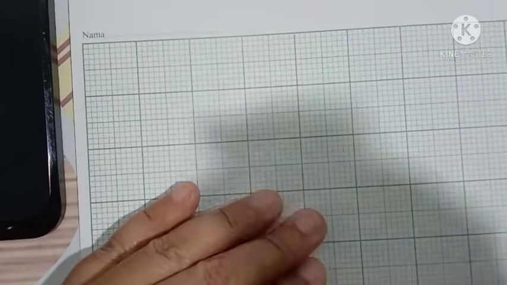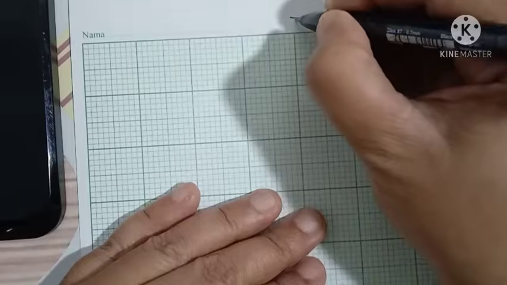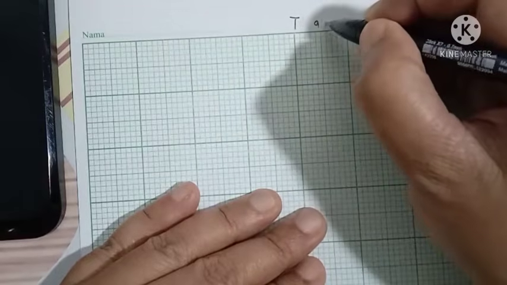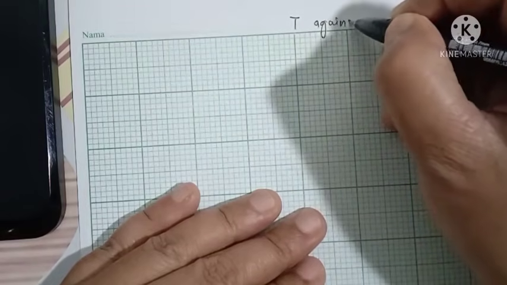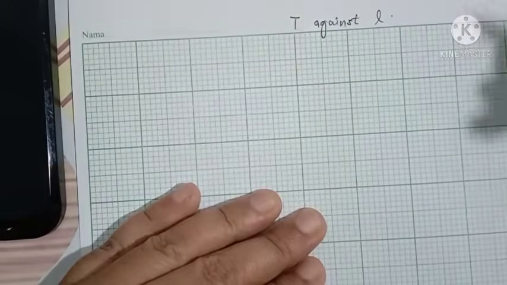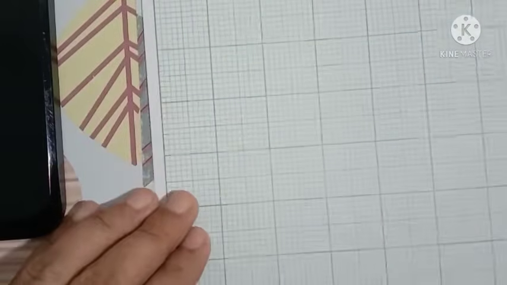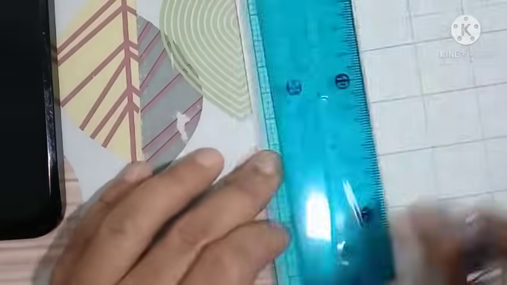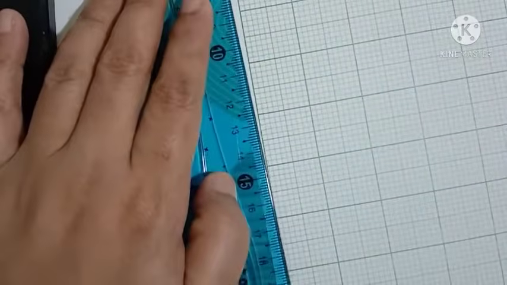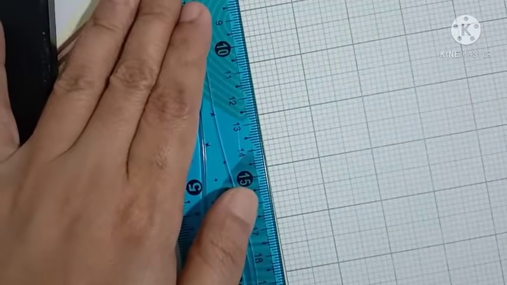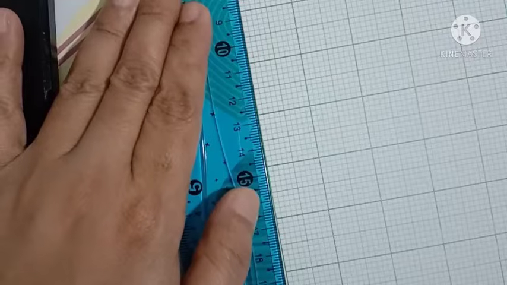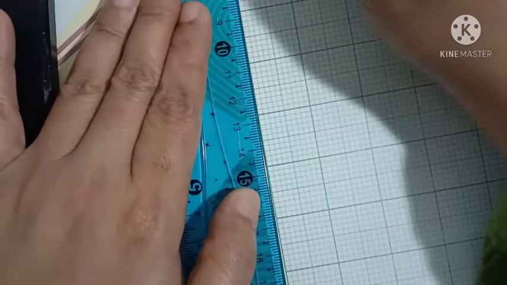Okay, you want to plot a graph of T against L. Write that title above here. Okay, now we draw axis. Use pencil. I use a pen because I want to make it clearer for you all to see.